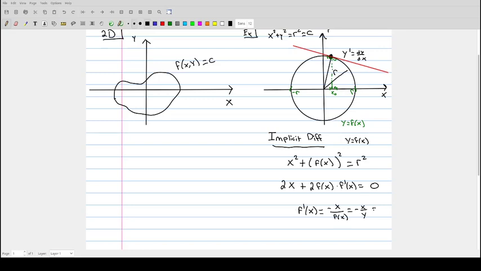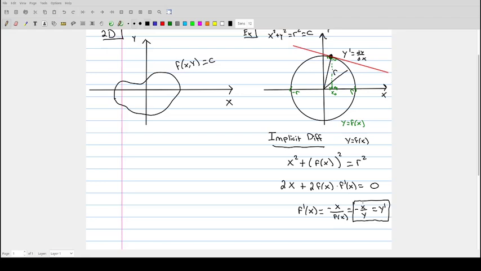So this is the expression that we get for this example by doing implicit differentiation. Now it turns out that this is something that we can do in general for general level curves. And not only that, what we're really doing here depends directly on the chain of dependence in the multivariable chain rule.